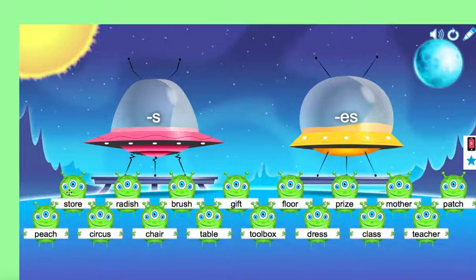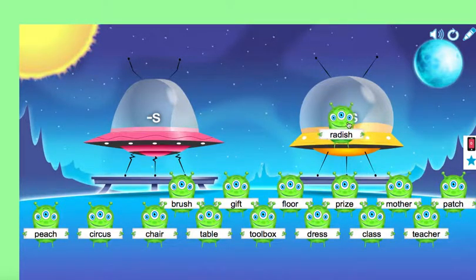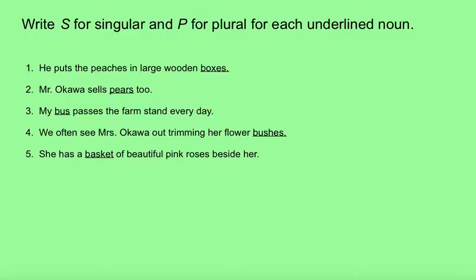For example, store just needs an S, so you'll drop the little alien into that spaceship. Radish, though, has that SH sound, so you'll drop him into the other one. And you'll know you got it right if he disappears. So you'll be doing that with your group here pretty soon.